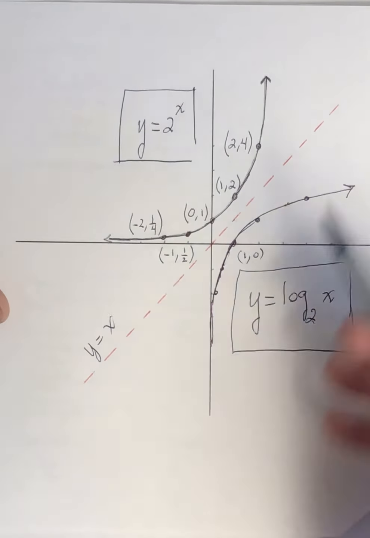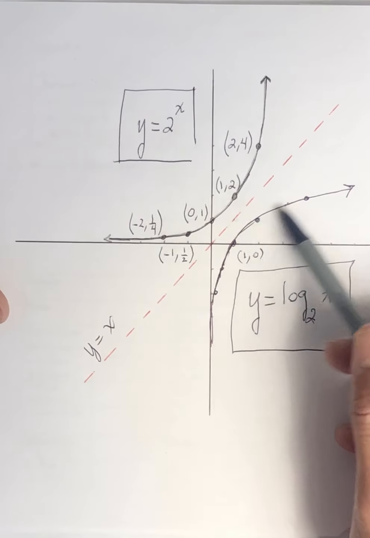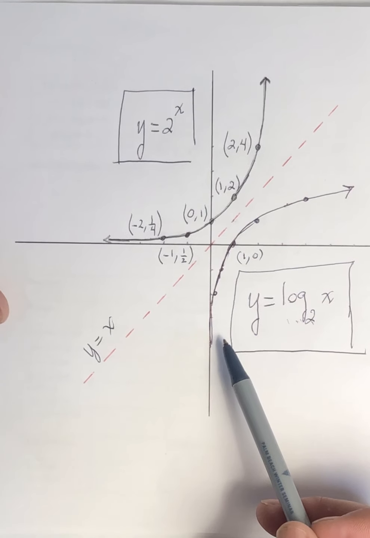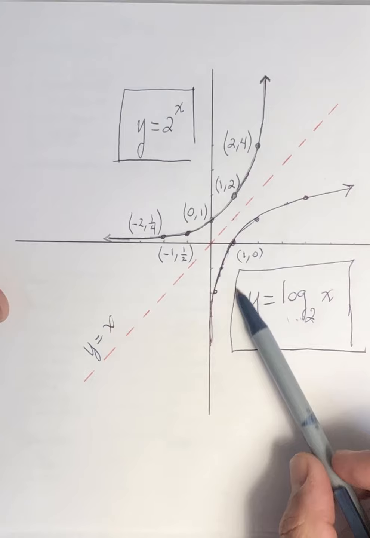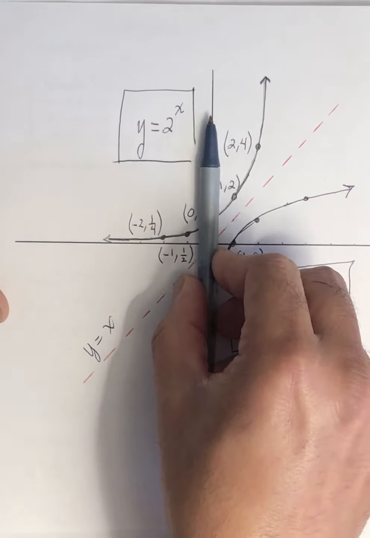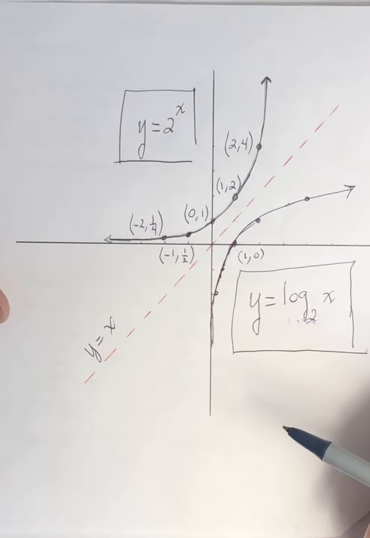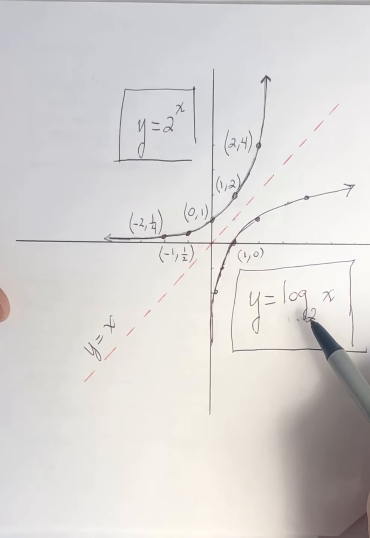As we move on, we'll talk about the domain and range of the logarithmic function, and we can kind of see what the domain and range is by looking at the graph. You can see that the graph only exists to the right of the y-axis, never touches the y-axis, so we're going to say that the domain is the set of positive reals.